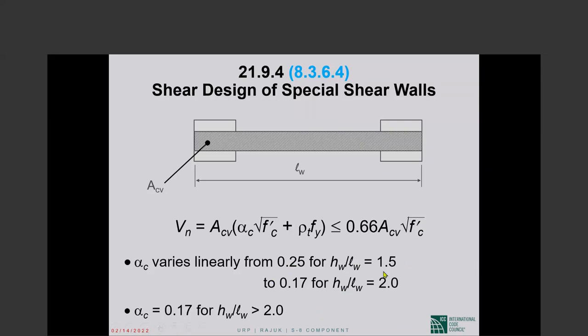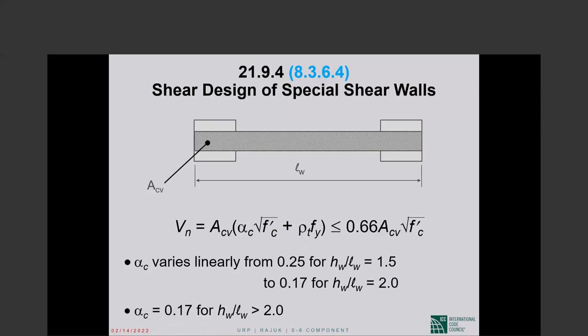Between height to length ratios of 1.5 and 2, we interpolate linearly between 3 square root of f sub c prime and 2 square root of f sub c prime. Okay, so that's the concrete resistance part. Now, any part of phi times V sub n that cannot be resisted by the concrete, we have to design horizontal shear reinforcement for.